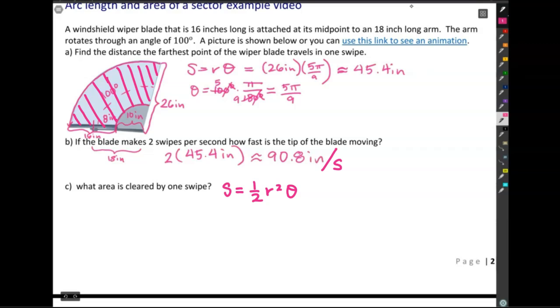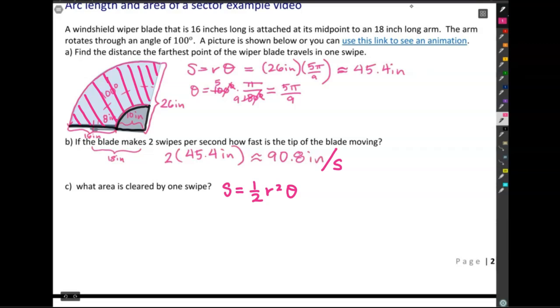We have this 26-inch radius for the whole thing, but we don't want the whole thing. We need to leave out this little 10-inch radius chunk right here. That should not be included in our answer. Some people will try to do 26 inches minus 10 inches and say, okay, then we have this 16-inch radius, and we have our 100-degree angle, or 5 pi over 9. If we plug those into the formula, that should give us our answer.